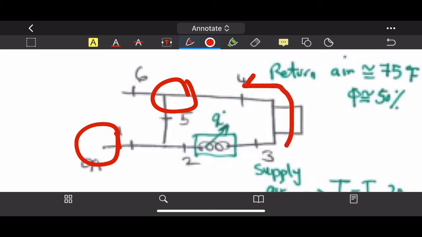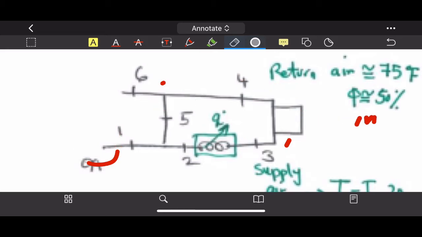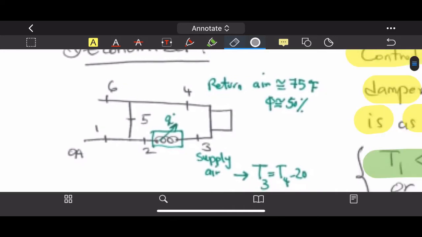T4 is after the room, and this condition is hot, so state 4 will always be hotter than state 2. This is the normal condition of an air conditioning system in this case.